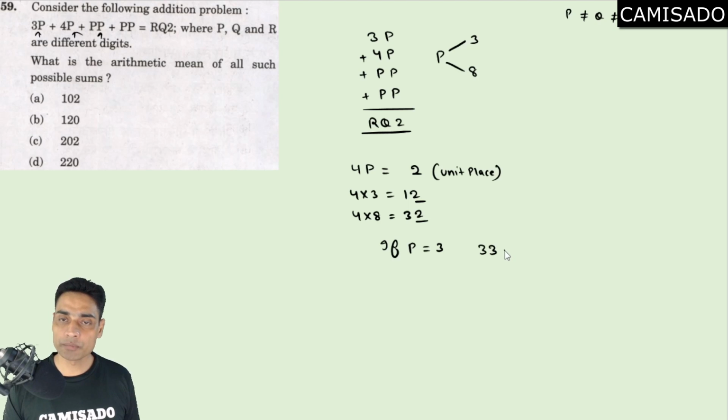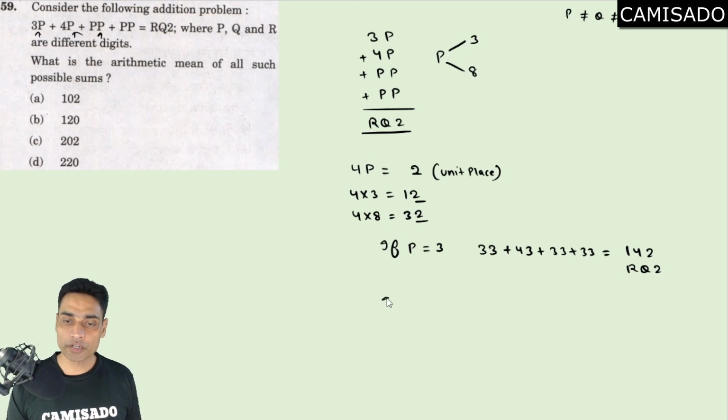So 3p, then 4p, 43, then pp, 33, then 33. When you add all these numbers, you will get 142, a form of rq2. Now again, if p is equal to 8, we have 38 plus 48 plus 88 plus 88. Ultimately you will get the sum 262, which is of the form rq2.